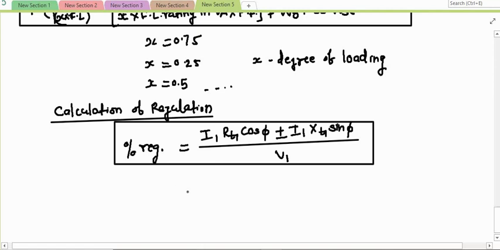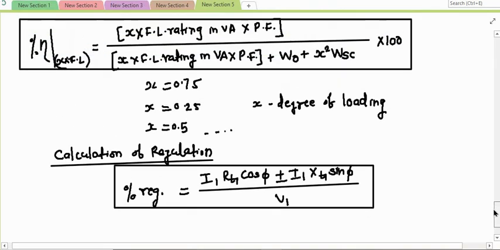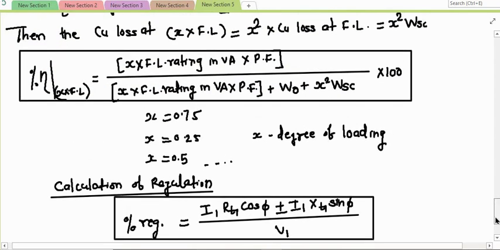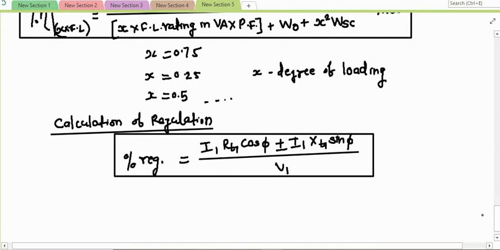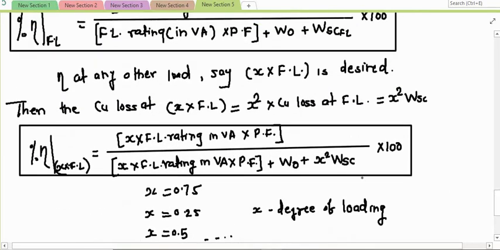So this is all about the mathematical expression that is required for finding out the efficiency and regulation of the transformer using the open circuit and short circuit test data. In the next lecture we will see some problems for finding out the efficiency and regulation of the transformer.